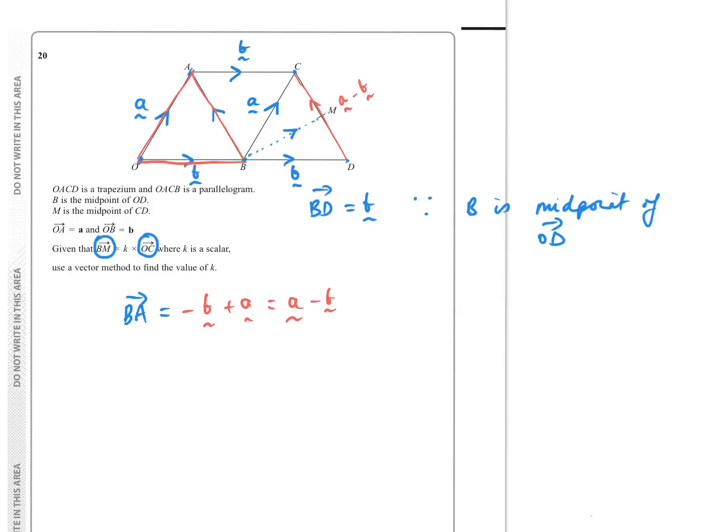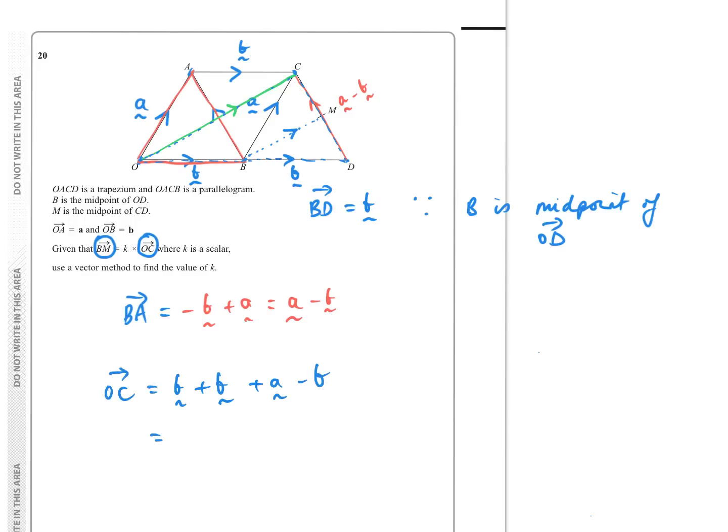So I can put that in. So we're going to be lucky now, we can find O to C straight away. If I want to go from O to C, I can just go this journey here. So b plus b plus a minus b. And that was the journey O to C.